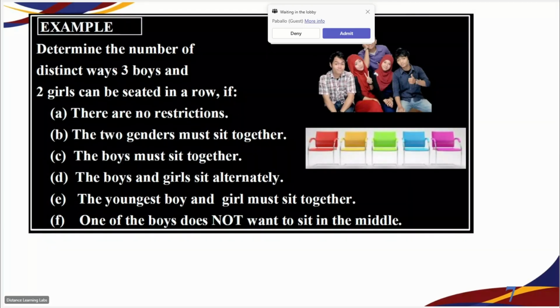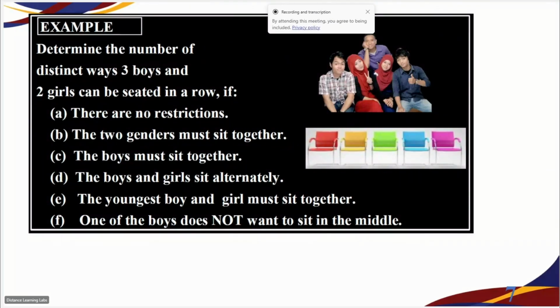Number 1, there are no restrictions, meaning anyone can sit anywhere. Because we have 3 boys and 2 girls, that means all in all, I have 5 learners. Then in how many ways can they sit? The number of chairs, like you see on my example, we have 5 different chairs.